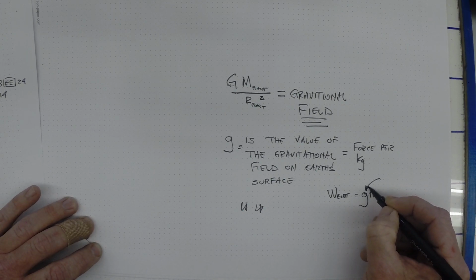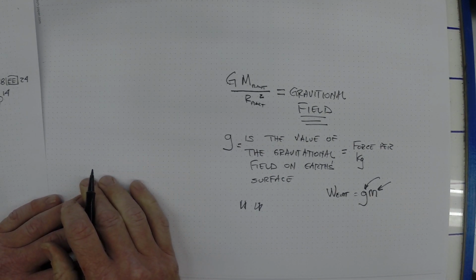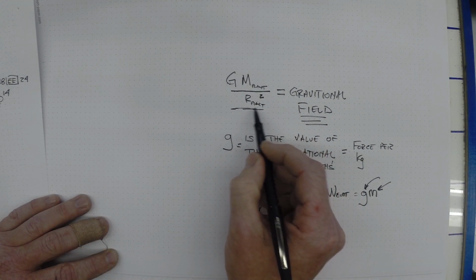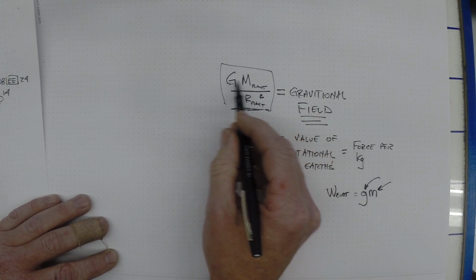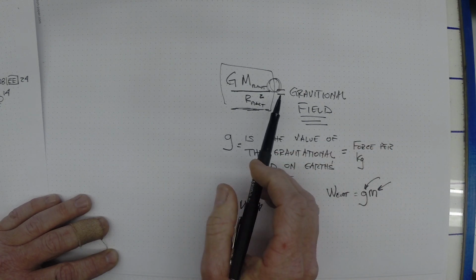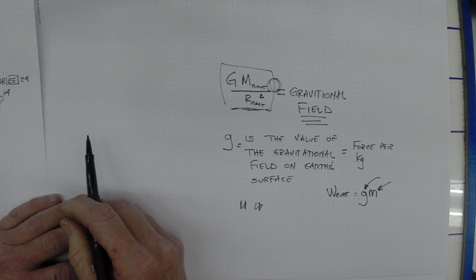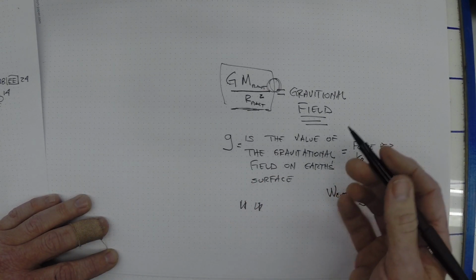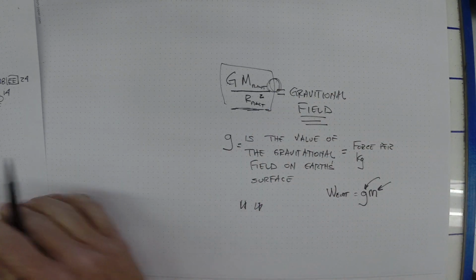So this is the field, and this is the object you're placing into that gravitational field. And double check it, but I believe that gravitational field equation, this one, which is just the same as universal gravity but missing that other mass because you don't know what that is, is also on your equation sheet as an equation you're expected to know how to use. So this idea of G being, another way of looking at G, is the Earth's gravitational field, is a possibly important one as we go forward.